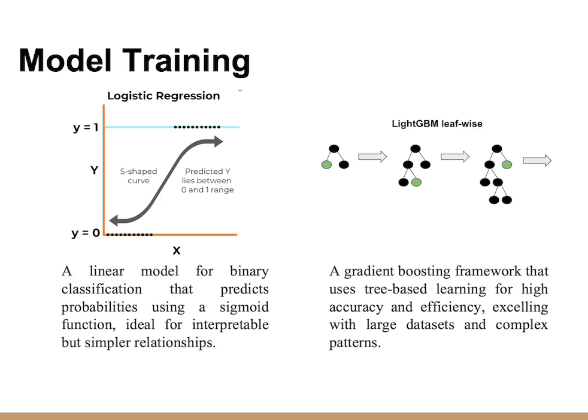And moreover, LightGBM is a gradient boosting framework that uses tree-based learning for high accuracy and efficiency, which is beneficial in large datasets and complex patterns.